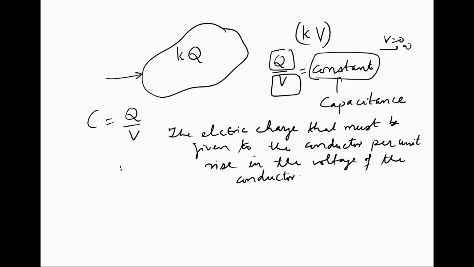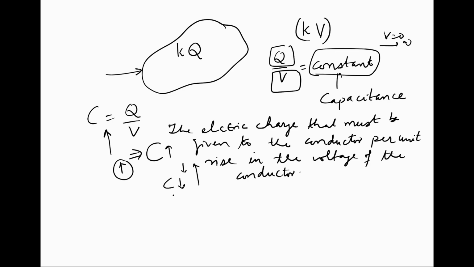So for a given rise in the voltage, if we need higher charge to get this rise in voltage, it implies the capacitance of that conductor will be higher. Similarly, if I need just a small charge to get a big boost in the voltage, then the capacitance of that conductor will be small. So this is the definition in the case when this conductor is isolated.